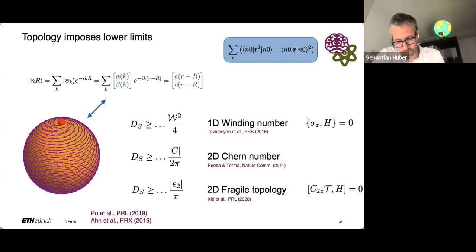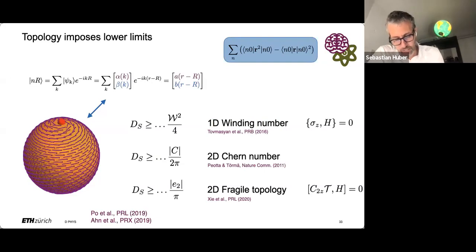It, to my knowledge, started with the 2D Chern number by Sebastian in 2011, where he could show that the superfluid stiffness is bounded by the Chern number. And then you have prefactors that scale with the gap and things like that. But that's not just exclusive for the Chern number. You also have it in 1D systems for the 1D winding number.